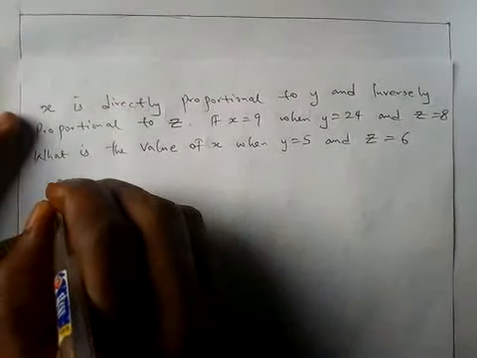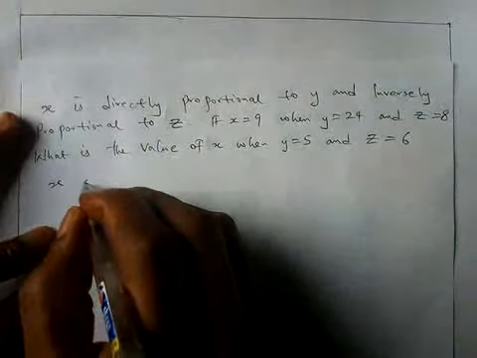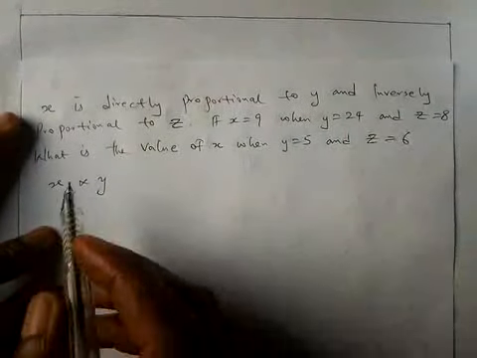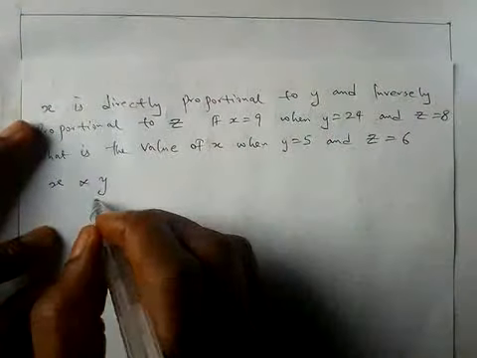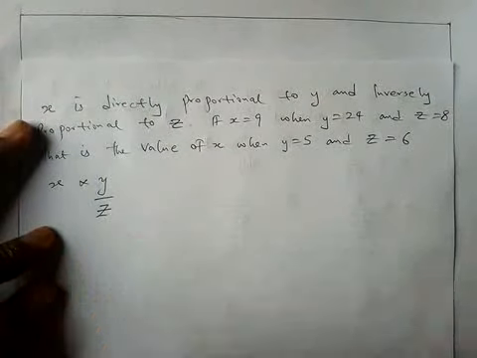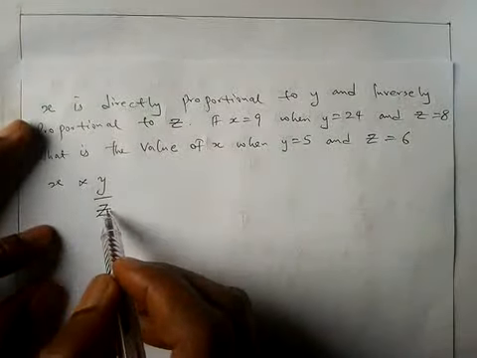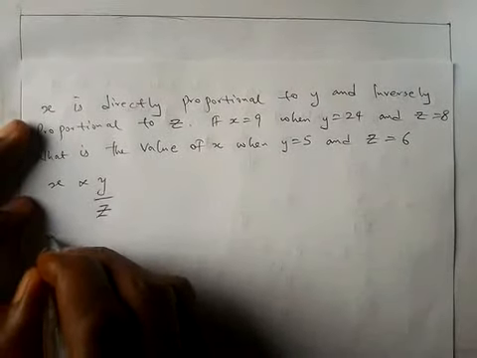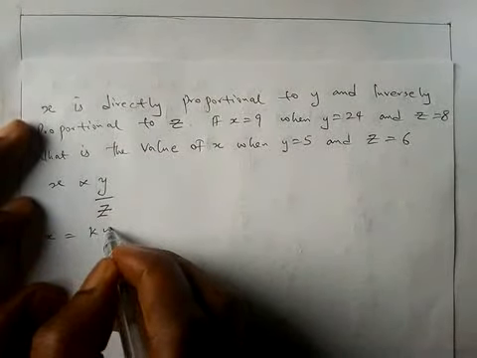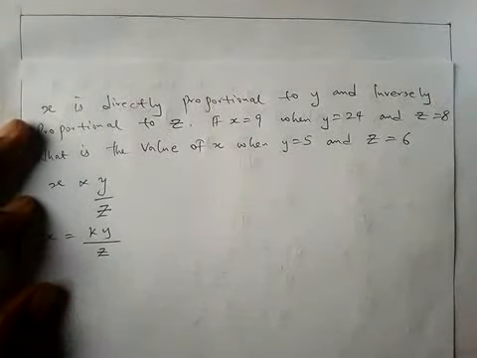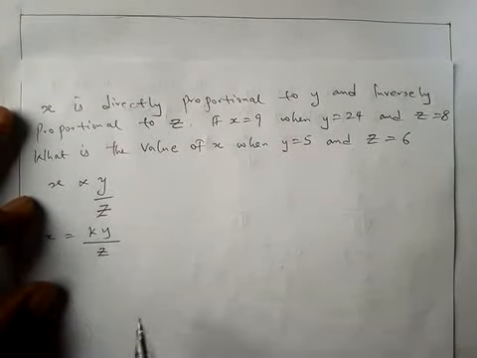Okay, so S is directly proportional to y and also inversely proportional to z. So this is a joint variation, directly and inversely. From here I'll say S is equal to k y over z, removing proportional, putting equal to.